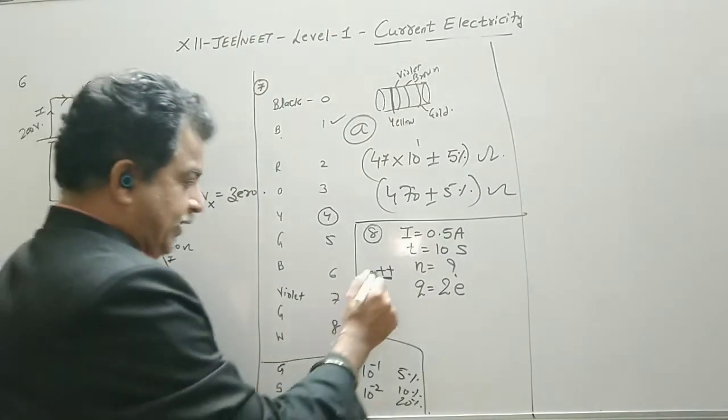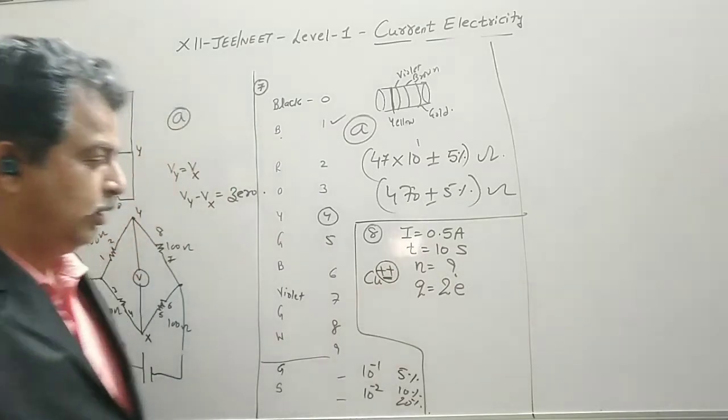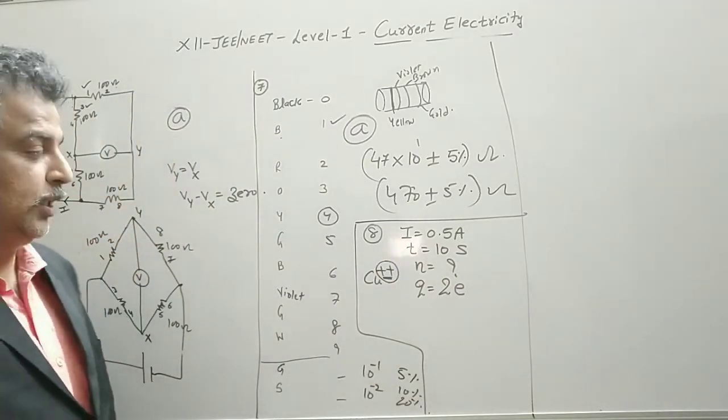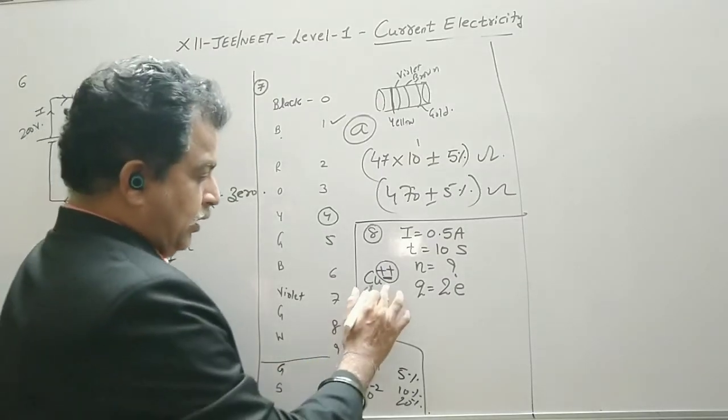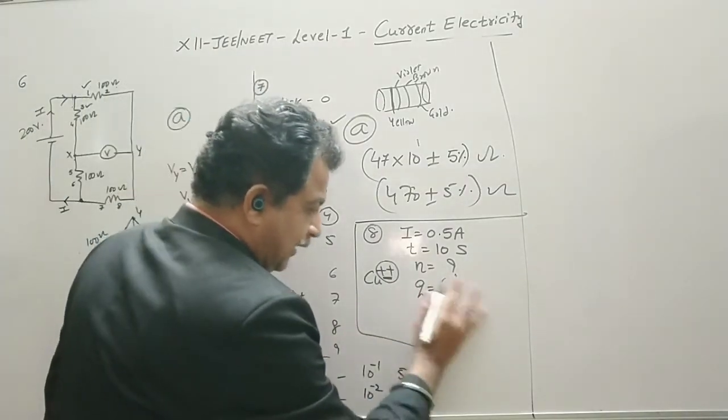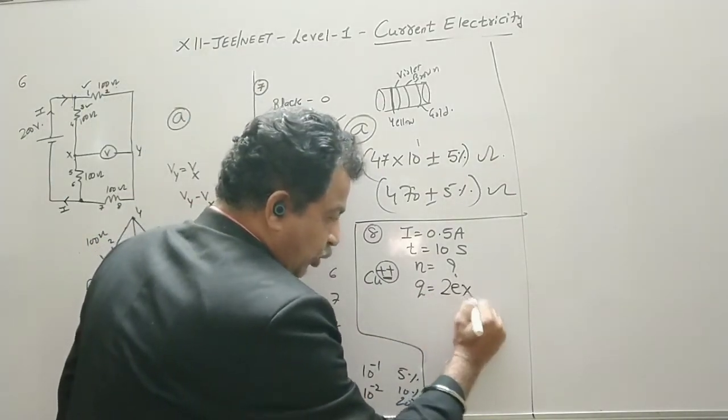The valency given is 2 plus, so the charge will be equal to twice e. So Q can be written, by the quantization law, as twice e into N.